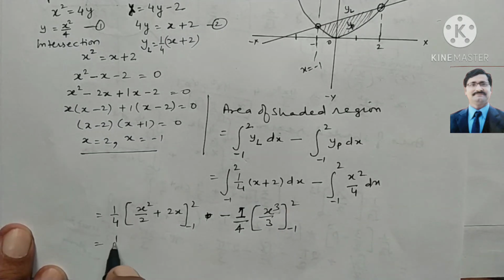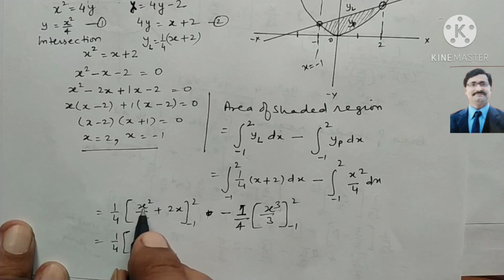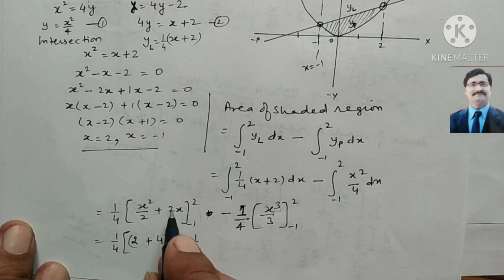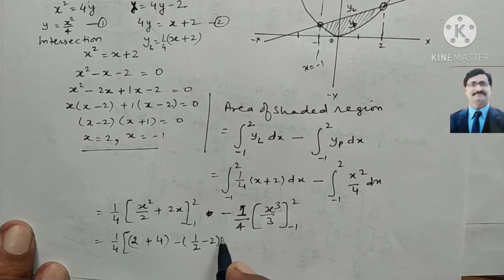This we have to solve. 1 upon 4, and first we put 2, 2 square is 4 by 2 is 2, okay, and 2 times 2 is 4, okay, then minus, we put minus 1, minus 1 square is 1 by 2, and 2 times minus 1 gives minus 2, okay.